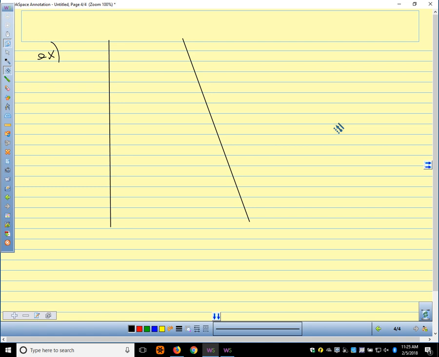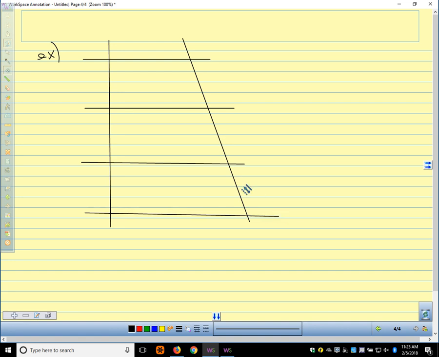Yeah, so those are going to be my intersecting transversals. And we're going to say all of those are parallel. There's X, Y, and 80, 40, 50, and 62.5. And we want to find X and Y.